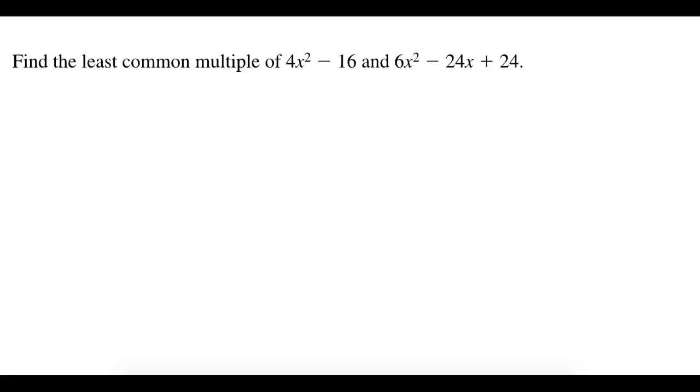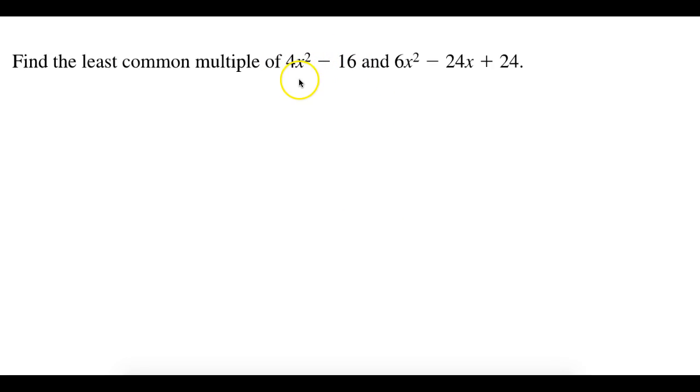We're going to focus on the first way right now. What you need to know is how to break down your polynomial into the least common factors of each expression. So let's go ahead and look at this first example.